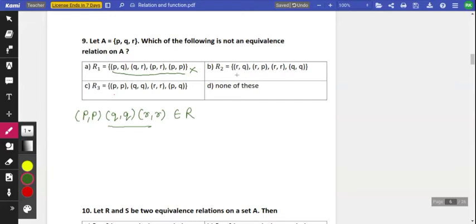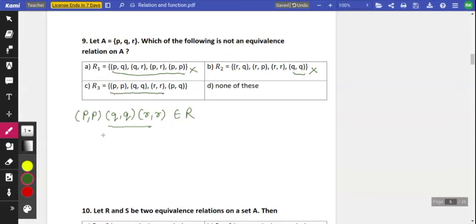In option B, only (Q,Q) belongs to R. Therefore, option B is also not an equivalence relation. In option C, (P,P), (Q,Q), and (R,R) belong to relation R. Therefore, option C is reflexive.